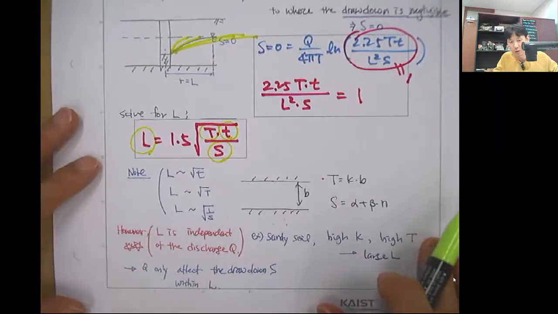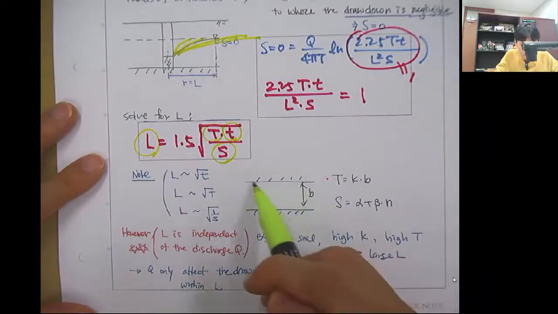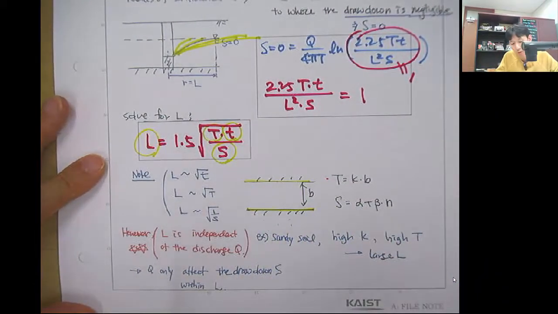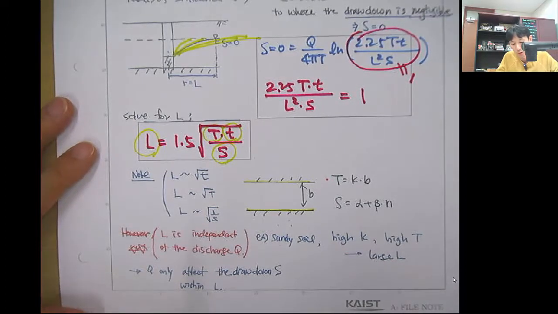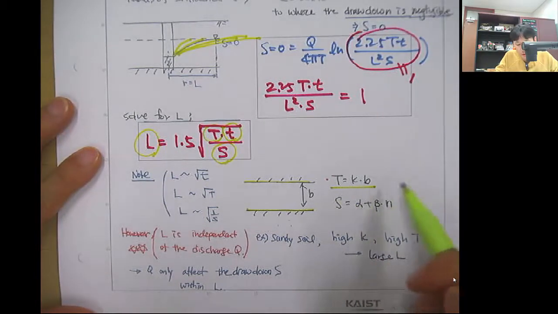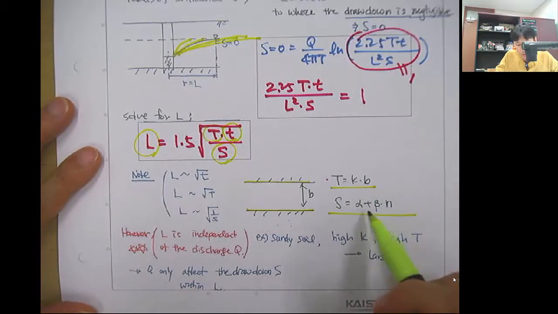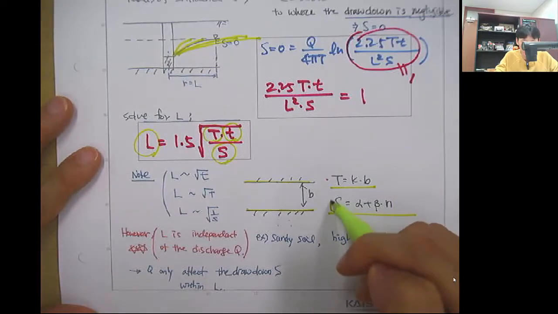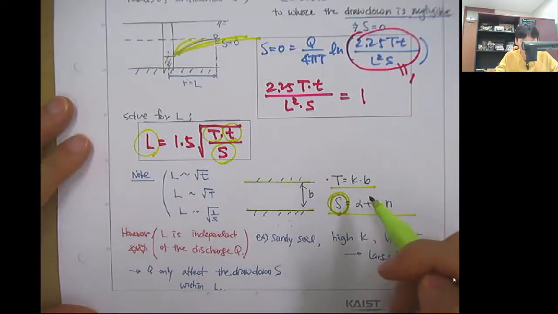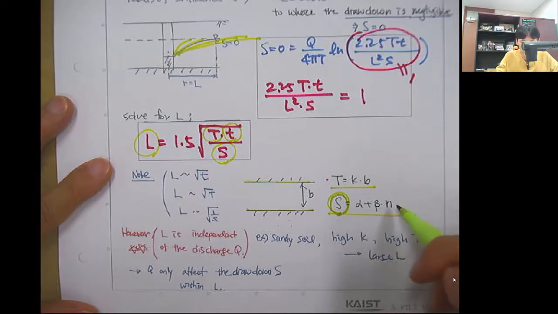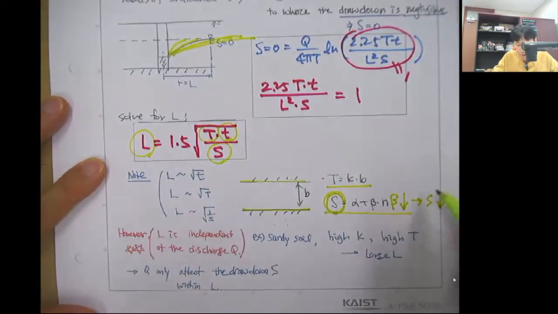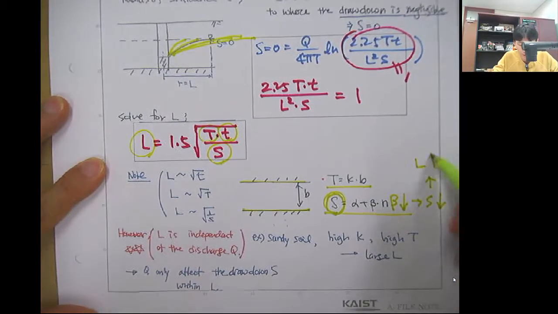So let's think about some confined aquifer with the thickness of B. Then the transmissivity T is K times B. Right? S is alpha plus beta times n. So to have a large L, the beta should be small, and S is small, so then L will increase.